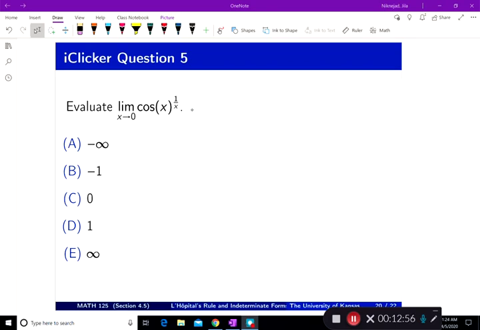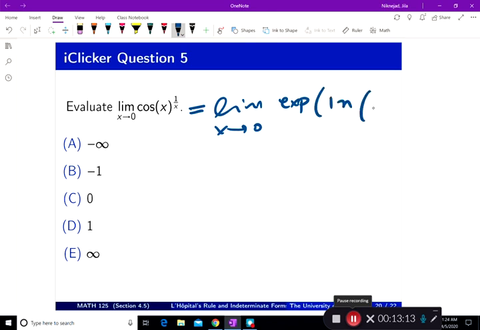Now that you paused the video, again, the same routine, because it's one of the ones with the power, what you do is you write the limit as x approaches 0 of exponential of natural log of cosine of x to the power 1 over x.